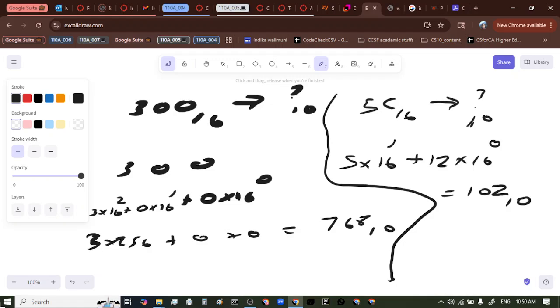Make sense? Remember the method, guys. You can transfer between bases. You can take any base number and follow this way. Just need to make sure that the base is the base of the power, and then the power starts from 0 and goes all the way up to positive infinity, right?